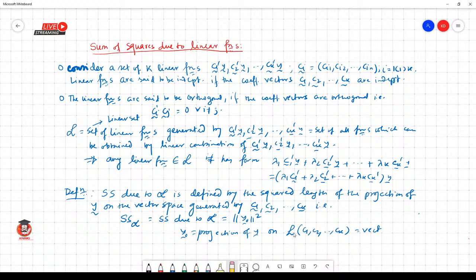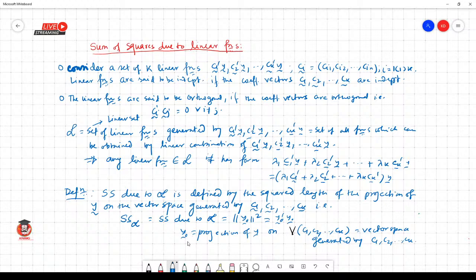I think it is better to denote it by capital script V, the vector space generated by C1, C2, ..., Ck. And this norm of y naught squared is nothing but y naught curl prime y naught.